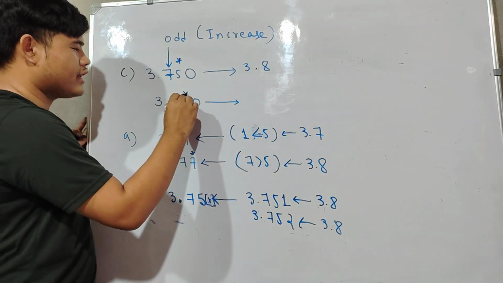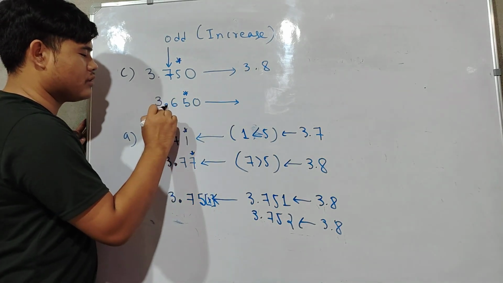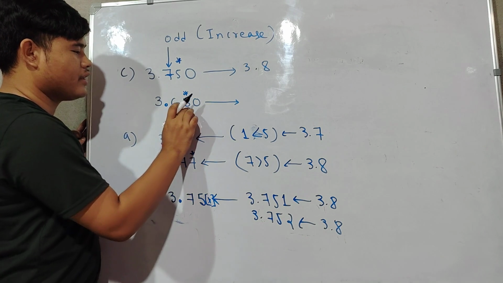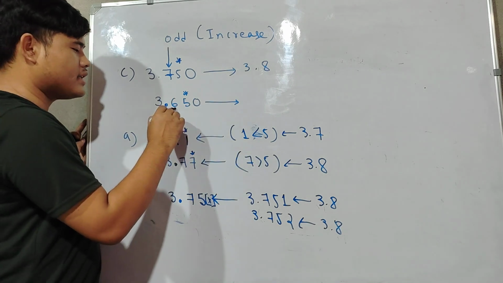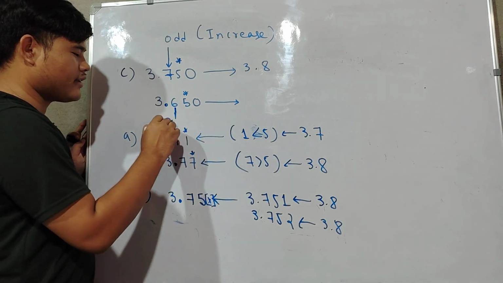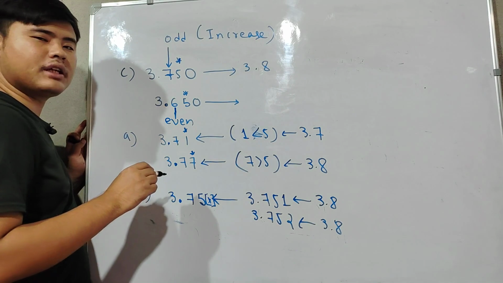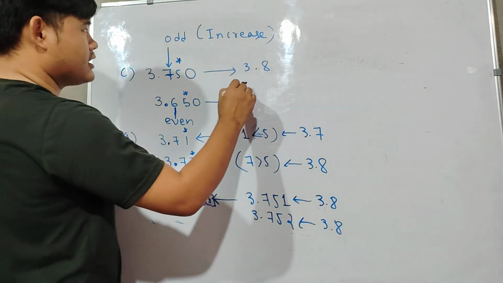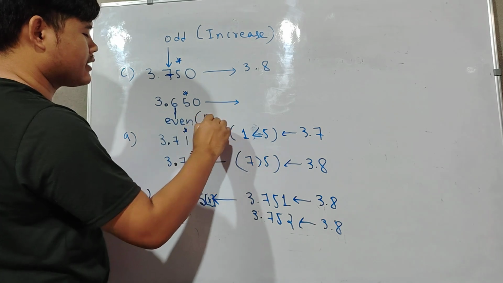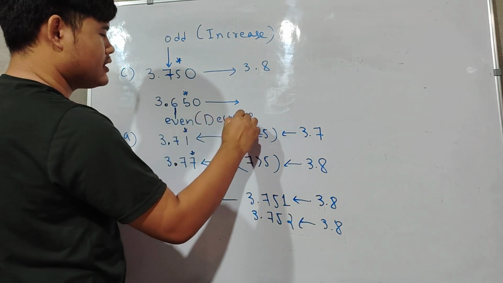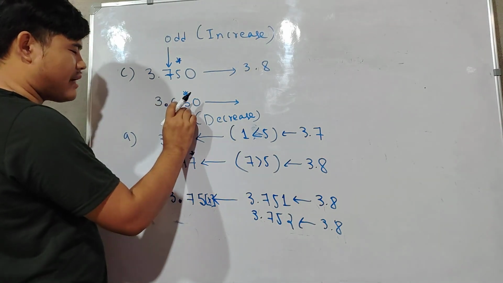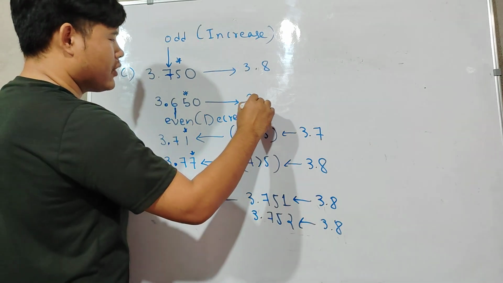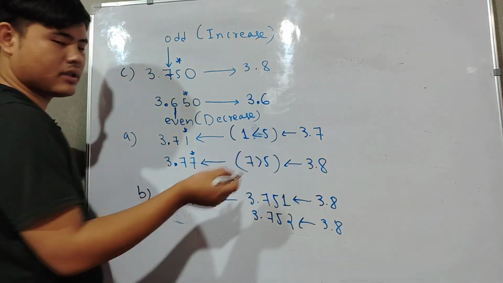Now you have to watch again, here also the same thing, 3.650. Before 5 you have to watch that digit. If that digit is even, then it will decrease. So 3.650 will be only 3.6, it will be reduced.